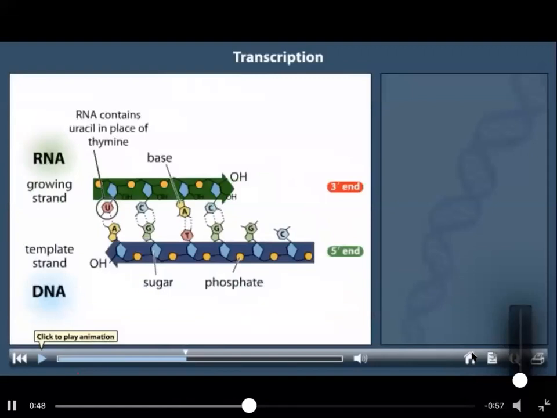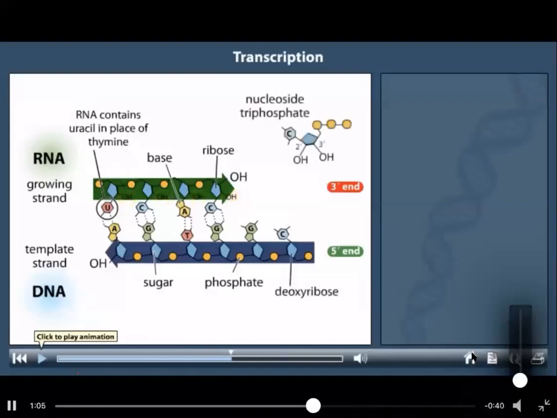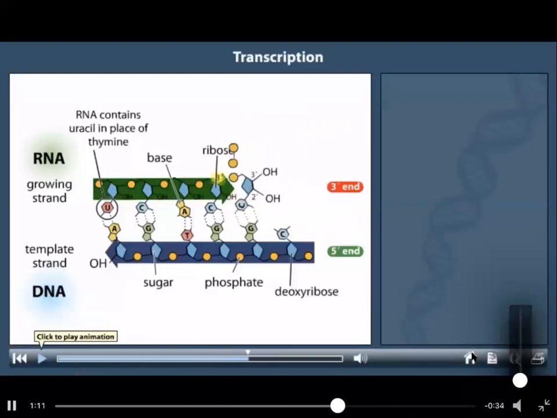It's going to be pairing A and U and C and G, and, well, sorry, the T in the DNA is going to be paired with an A in the RNA. And then we'd have G and C, and anytime we run into an A, we're going to pair it with a U. So we do have base pairing between the DNA and the RNA.